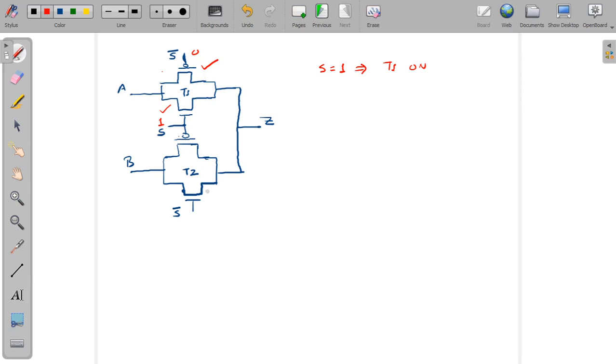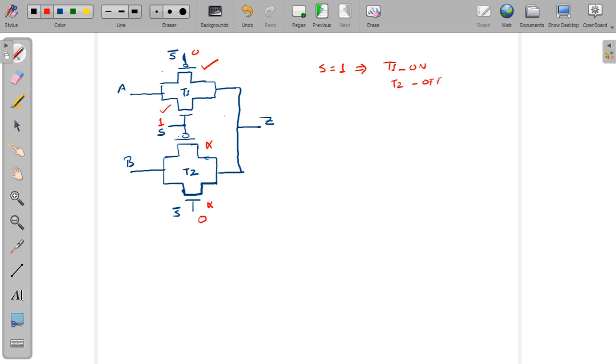At the same time, if S is 1, that will make this PMOS off. This will not conduct, and this S bar will become 0, and this NMOS will not conduct. Right. So T1 is conducting, T1 is available, T2 is off.